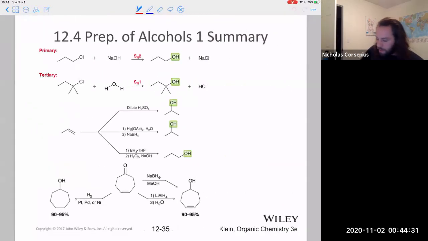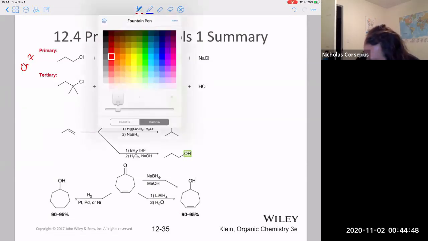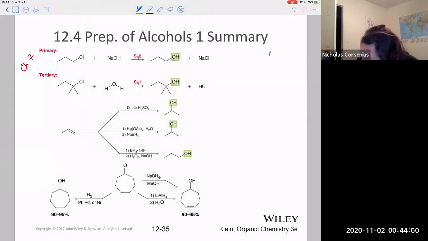All right, so let's do a little bit of a summary. Again, this would have been chapter 7 stuff, where we learned about alkyl halides and how we can use substitution reactions to create alcohols. In terms of mechanism, you should definitely know the mechanisms of SN2 and SN1 substitutions.